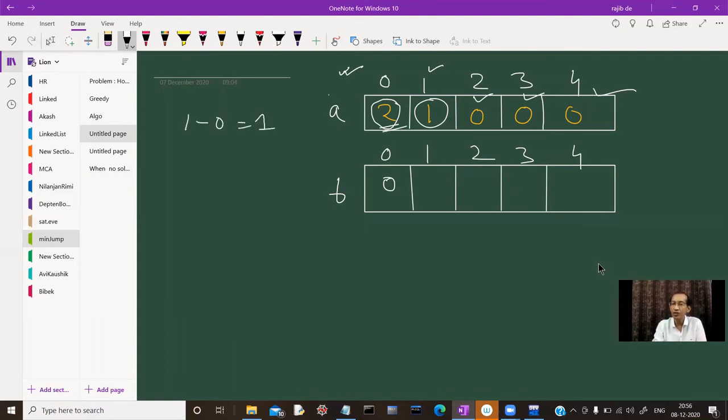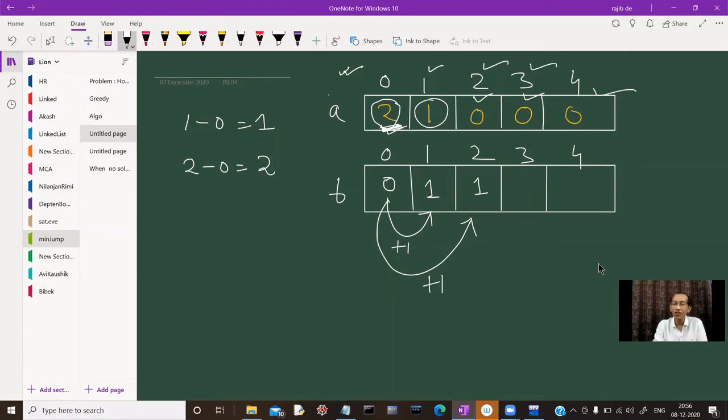It is having 2 jumps, so from here you can have just 1 jump, 0 plus 1 is 1. To reach 2 from 0, you require 2 jumps. Yes, still it is possible, because you have 2 jumps here you can make. So from 0 to 2, you can just add 1 to get 0 plus 1 is equal to 1. By making 1 jump, you can reach from 0 to 2.